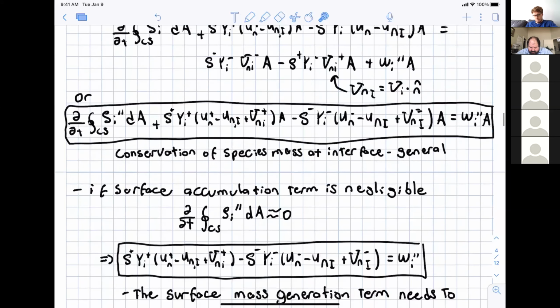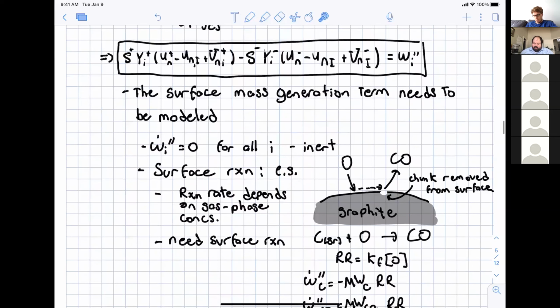Another example would be an oxidation of a carbon particle. There, one mechanism is you have an oxygen molecule going onto and attaching to the surface.